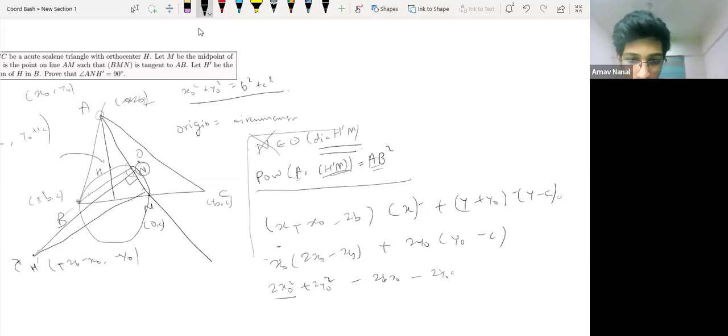You can just take 2 outside, it doesn't really matter. And now you know that this is equal to 2b square plus 2c square. So one of these you replace by b square plus c square. Then you get this is just equal to x naught minus b whole square plus y naught minus c whole square, that is equal to ab square. Done.